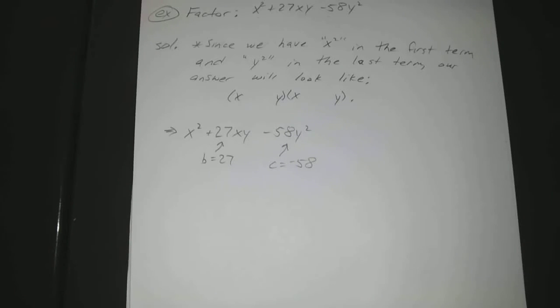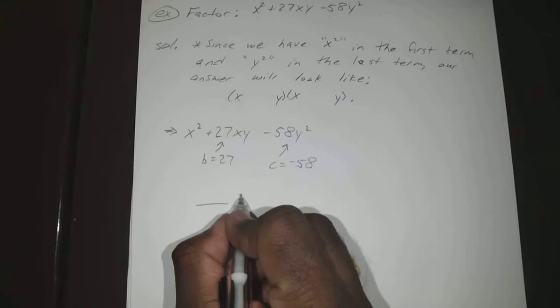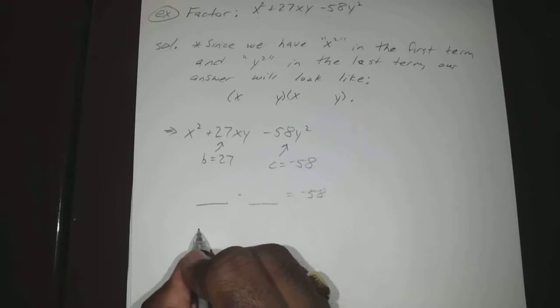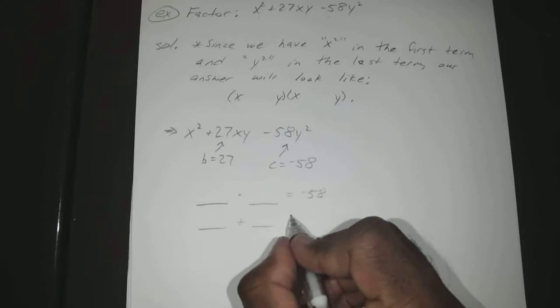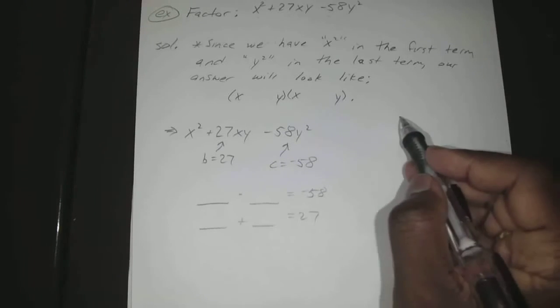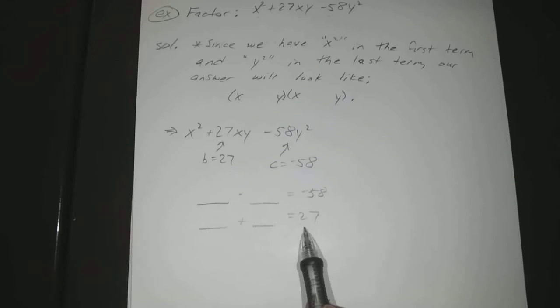Ones like this don't normally jump out at me as to which one would make both of them true, because we have to find two numbers that multiply to equal negative 58 and add to equal 27. The only thing we do know is that if we multiply them together and it's negative, one has to be positive and one has to be negative. So that cuts back how many we have to try. And if they add together, it's going to be positive, so the bigger number would have to be positive.